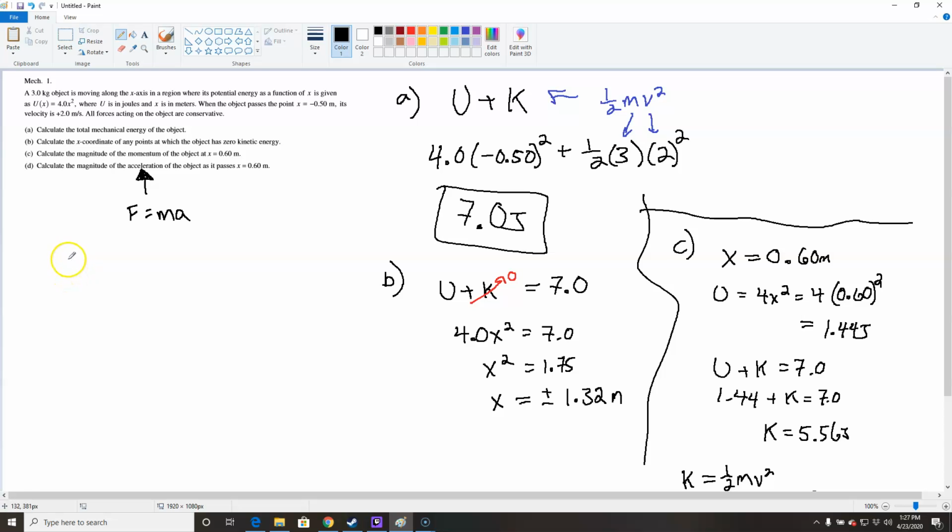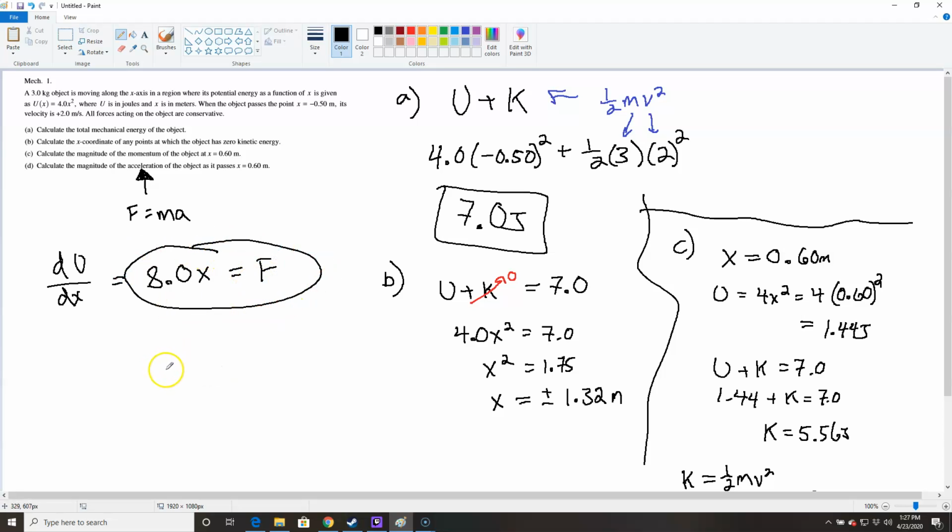So if I take the derivative of the potential energy, I would be left with the force. What is the derivative of the potential energy with respect to x? That's going to be 8.0x, and that's my force based on the displacement.